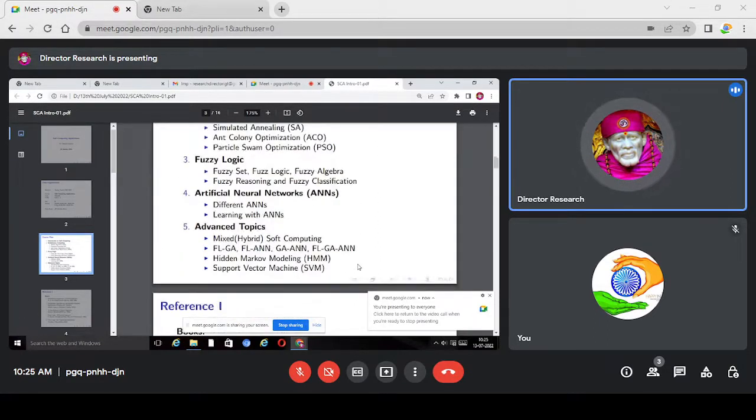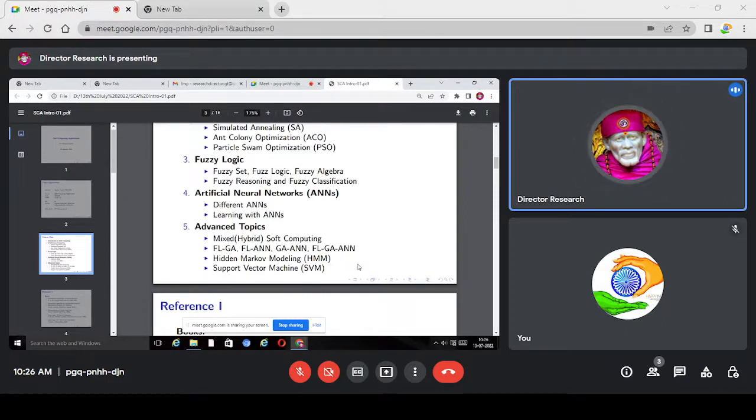The third module is fuzzy logic. The submodules are fuzzy set, fuzzy logic, fuzzy algebra, fuzzy reasoning and fuzzy classification. The fourth module is artificial neural networks, and the submodules are different artificial neural networks and learning with artificial neural networks.